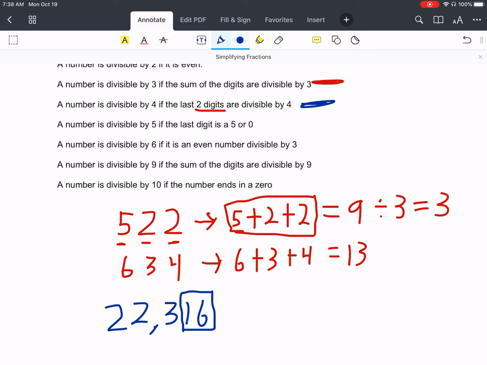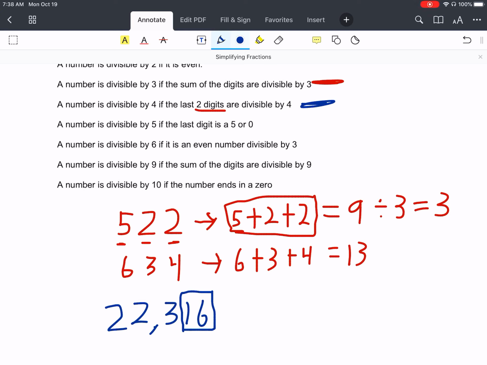And the reason for this is the fact that 4 can fit into 100 evenly. So if it can fit into 100 evenly, that means it can fit into any hundreds or thousands evenly. So it's just the last two numbers that we have to look for. We know that 16 can be divided by 4 evenly, so that means 22,316 can be divided by 4 evenly.